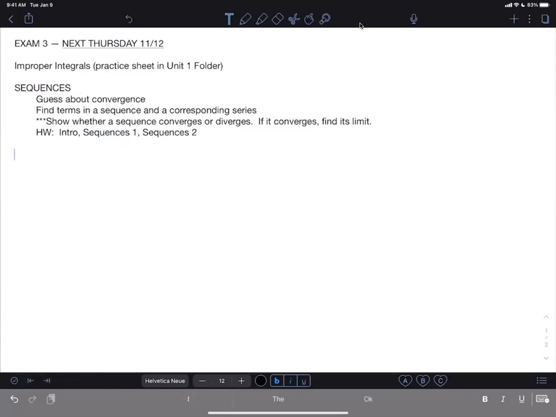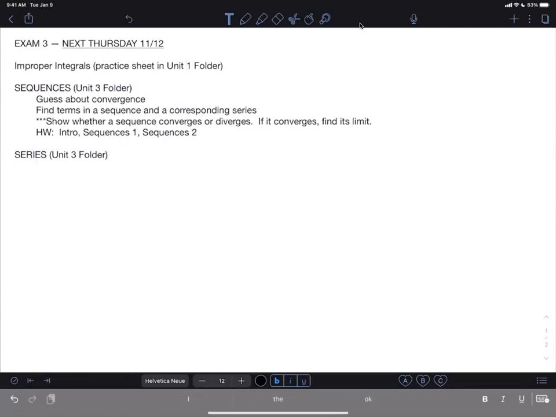And that's all in Unit 3. You should have solutions to almost all that. The intro sheet, probably not, but for sequences 1 and sequences 2, where you have the main problems, you've got the problems and then worked out solutions. And then series, which is the biggest part of the exam, also in the Unit 3 folder.